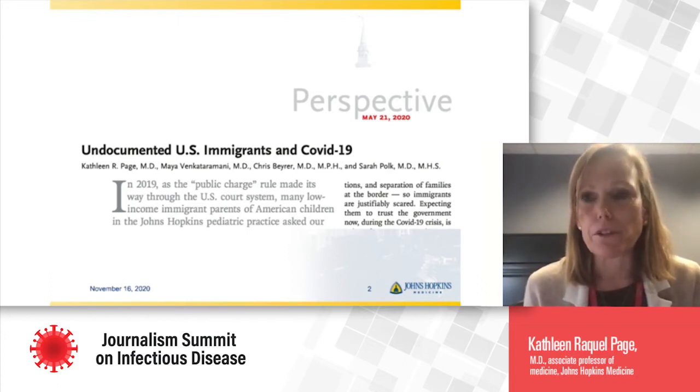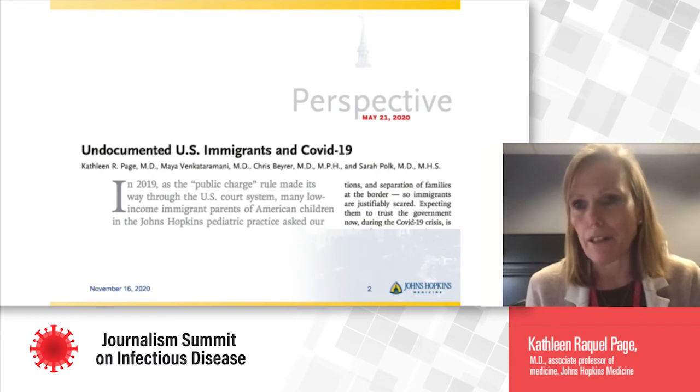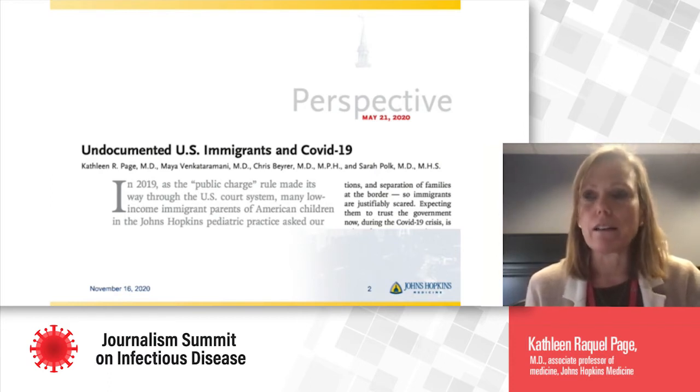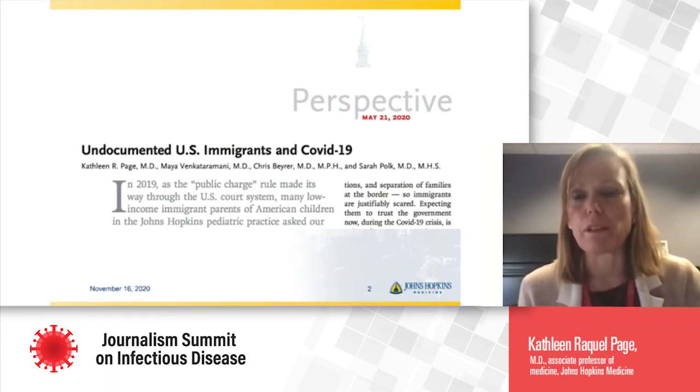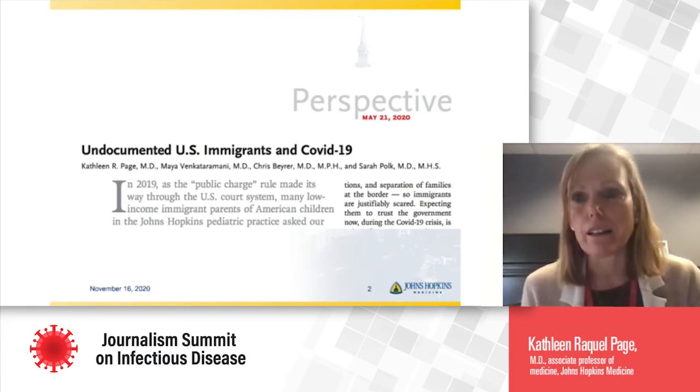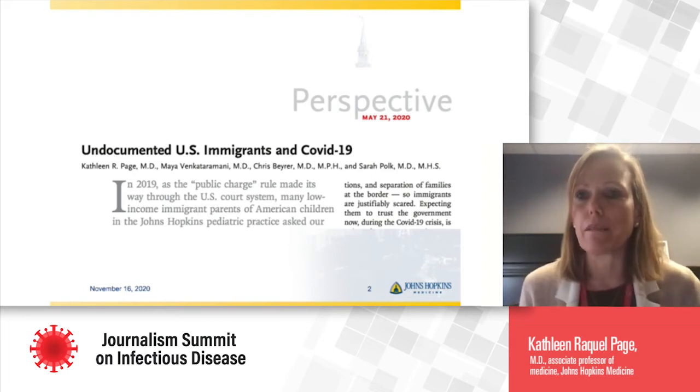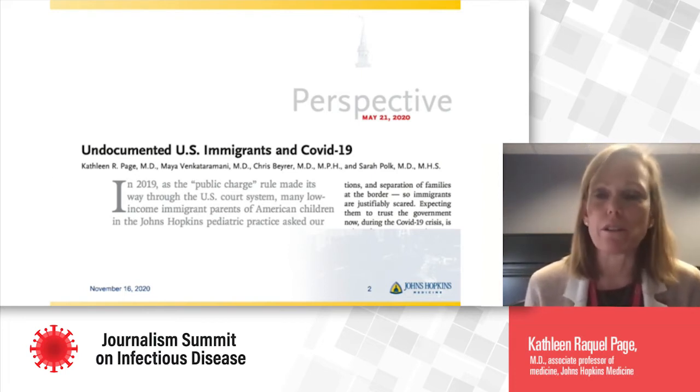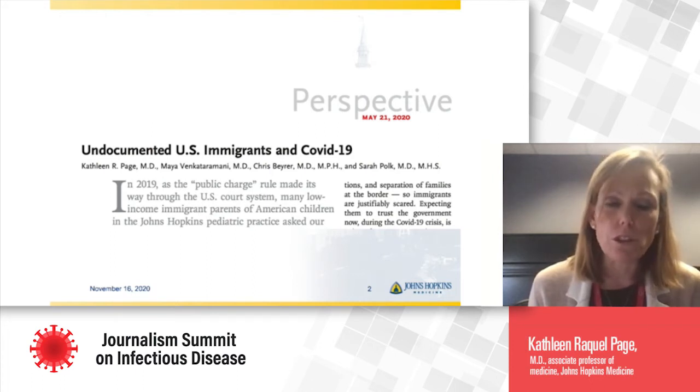The problem, of course, was that for many immigrants, that was not an easily implementable recommendation because they didn't have a doctor and don't have access to care. There were hotlines set up in Baltimore and in Maryland and throughout the country, but many of them were, at least initially, only available in English, which made it difficult for patients who didn't speak English to access those lines.